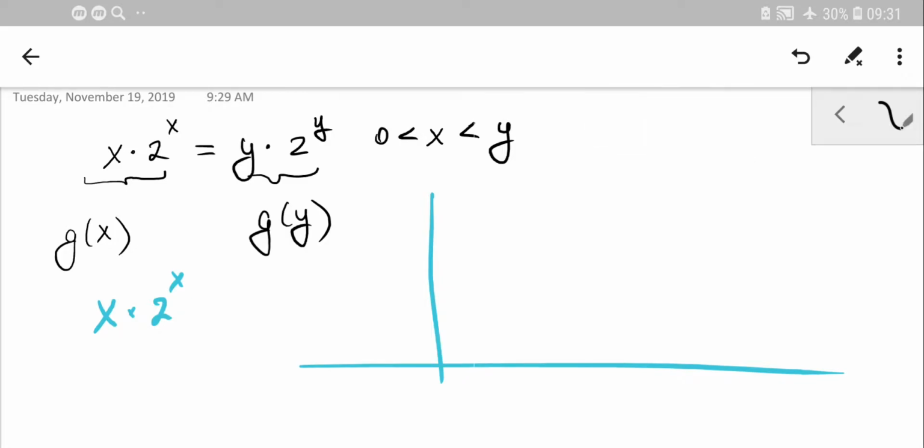So it's monotonically or uniformly increasing function. Let's say we mark g from x.